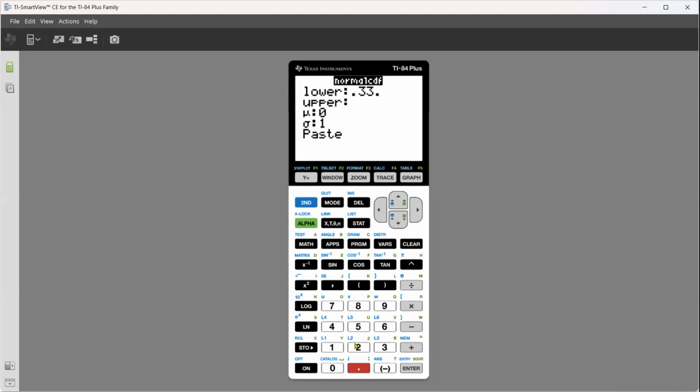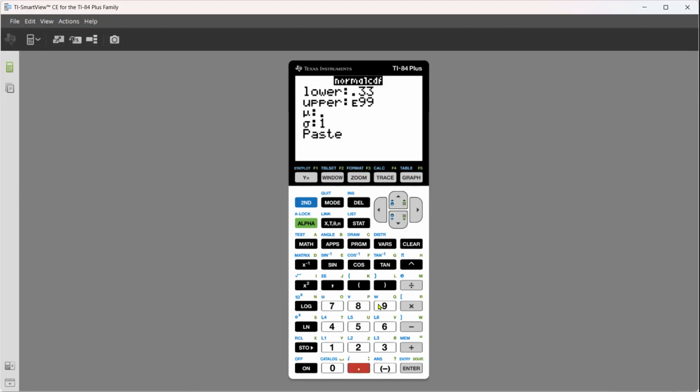Your upper is second E99. Your mean here is not your mean, it's your population proportion.